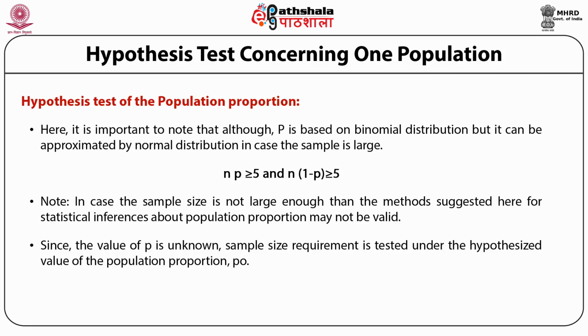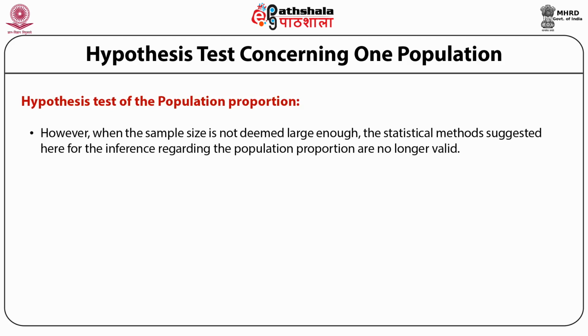If the sample size is large and the normal approximation is justified, the method applies; however, when the sample size is not deemed large enough, the statistical methods suggested here for inferences regarding the population proportion are no longer valid.